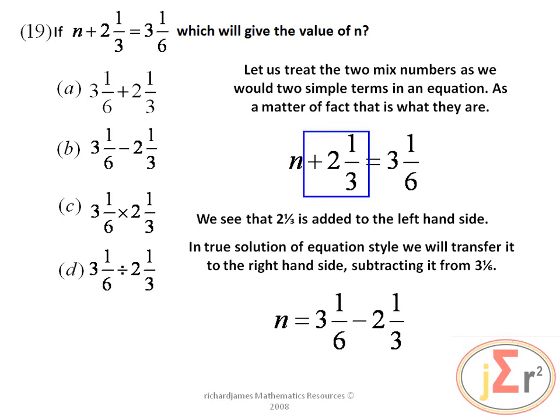N is equal to 3 1/6 minus 2 1/3. Do not forget that in transposing or transferring a term to the opposite side, we need to perform the opposite operation. So if we are adding 2 1/3 on this side, we subtract 2 1/3 from the other side. The correct answer is represented by option B.